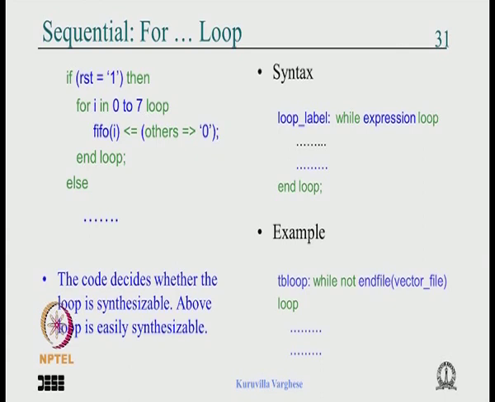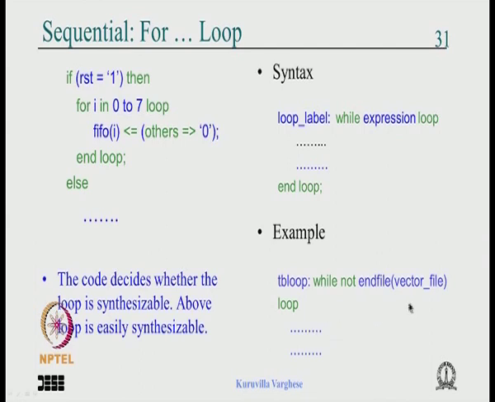And one other usage of the while loop is this one. In test benches you say while not endfile. Endfile is a kind of procedure and the argument is a vector file. It says whether we have reached the end of the file. So while not endfile the vector file, then do the loop.